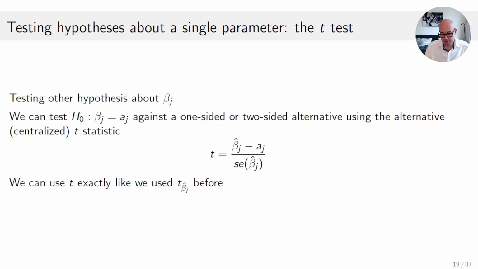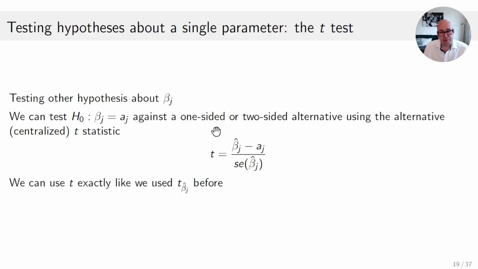Now, so far we have talked about the null hypothesis that beta j is equal to 0, but of course we can also use a more general version of that. So we can say the null hypothesis is that beta j is equal to a number a_j, right? And then we can again use a one-sided or two-sided alternative for the test.